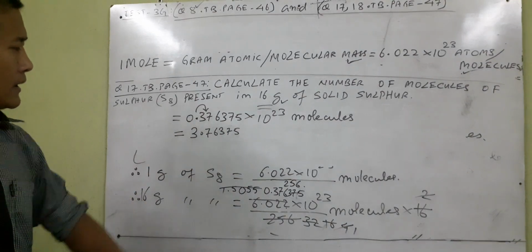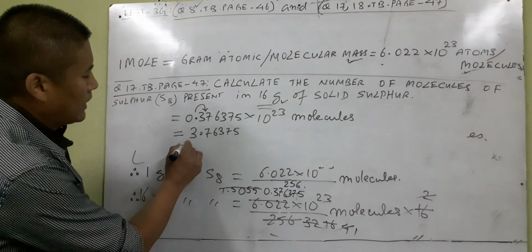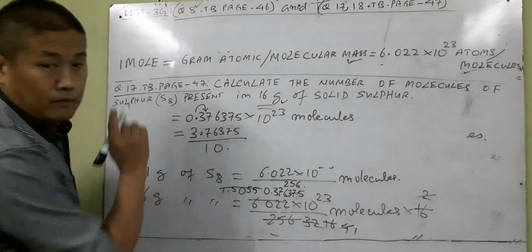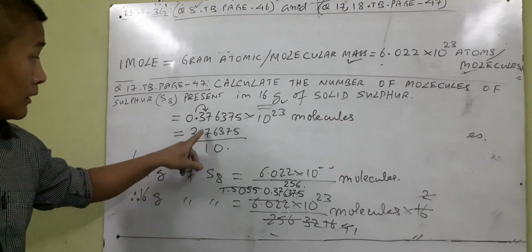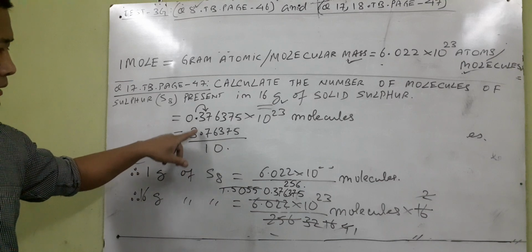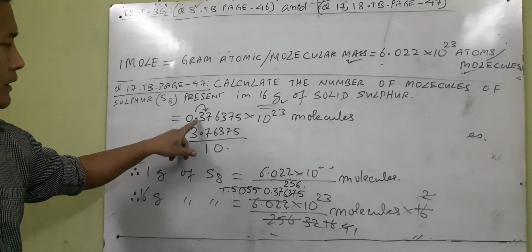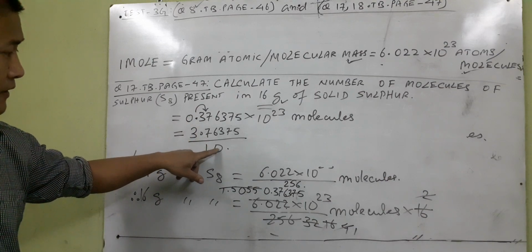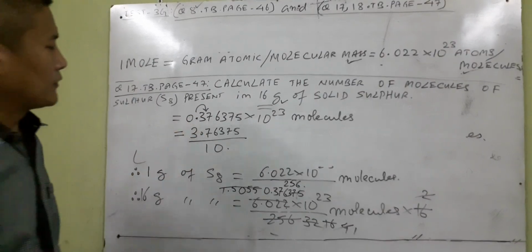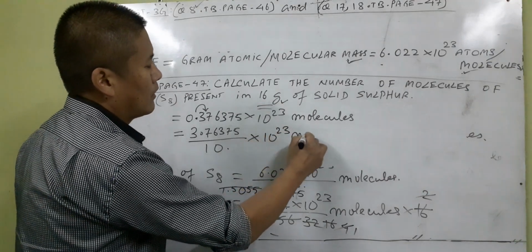So when you bring it like that, in order to do that, you have to multiply this number by 10, because if you divide by 10 only, this will shift back and then become the original number. So this is 3.76375 divided by 10, and this number are same. So you divide, decimal move left again now. So if you do that, then here this one is 10 to the power 23 molecules.